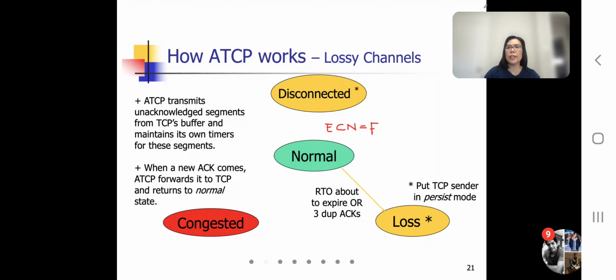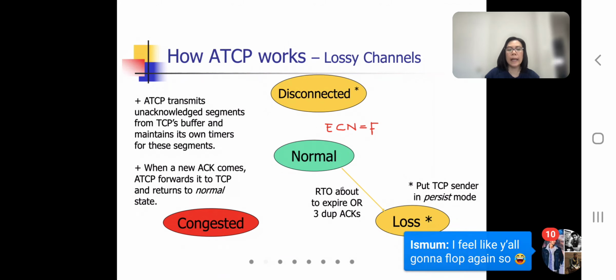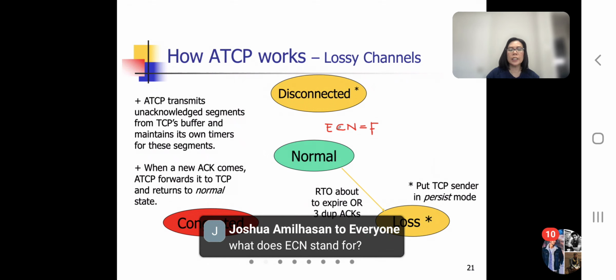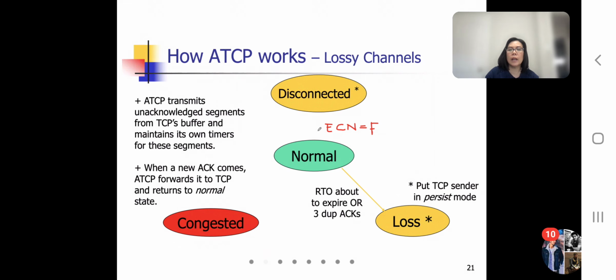Okay, sorry about that. So now if this happens and we assume that this flag is not set, that means there's no congestion. So in this case, ATCP assumes that a packet is lost, but not because of explicit congestion notification, which is done at the IP layer.